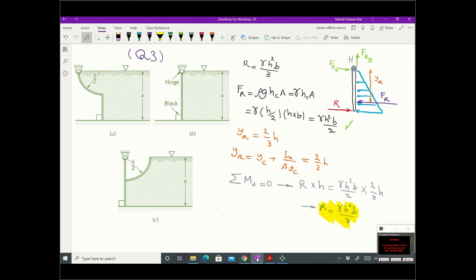What is this for? Resultant. In the water.